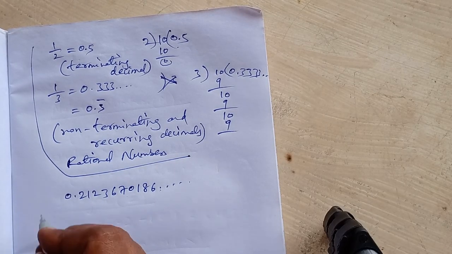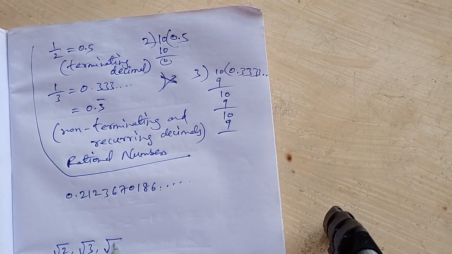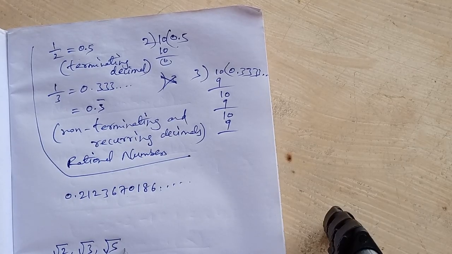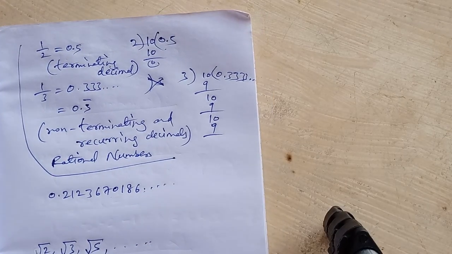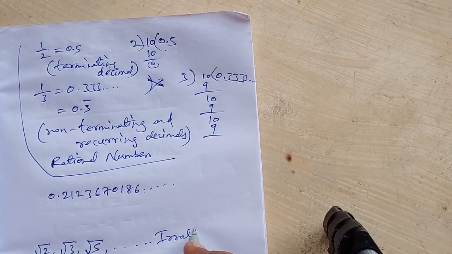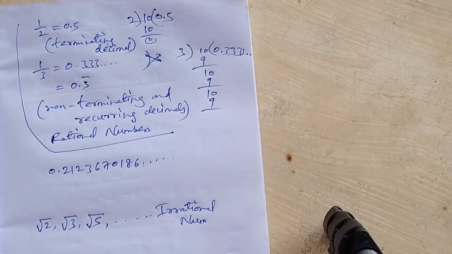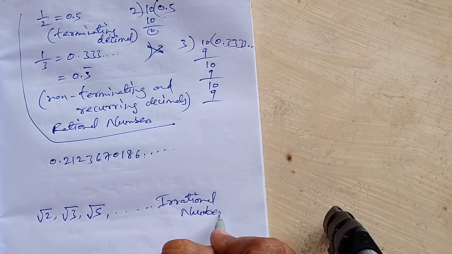Generally these are the values of root 2, root 3, root 5, and so on. These numbers are called irrational numbers.